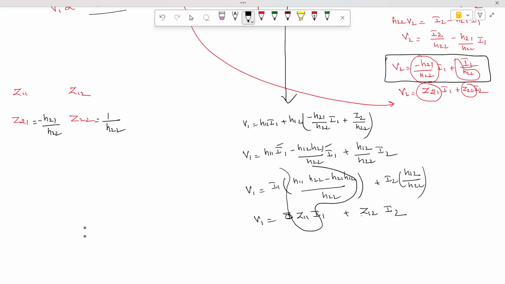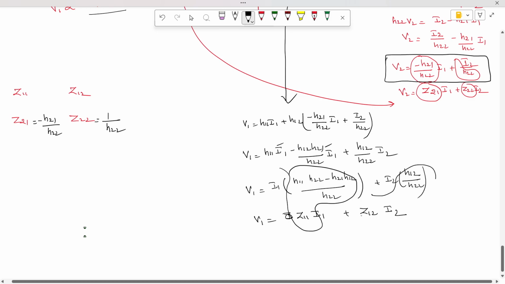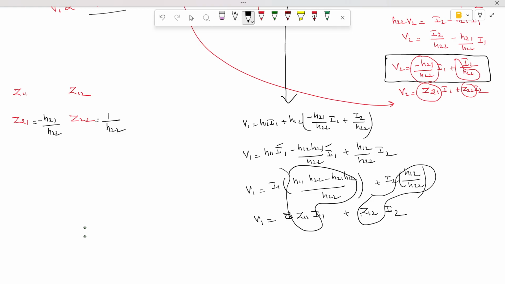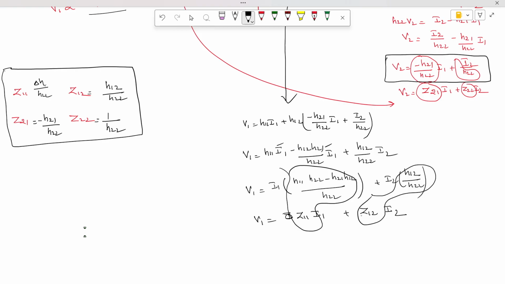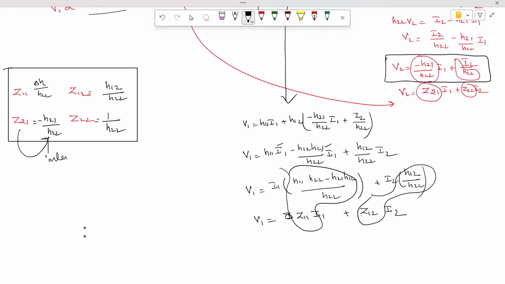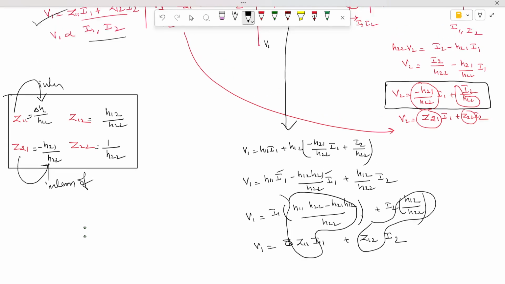When you compare, this is Z11 and this is Z12. Therefore Z11 is equal to delta H, the determinant, divided by H22, and Z12 is equal to H12 divided by H22. So successfully we transformed Z in terms of H parameters. That is what the conversion is.